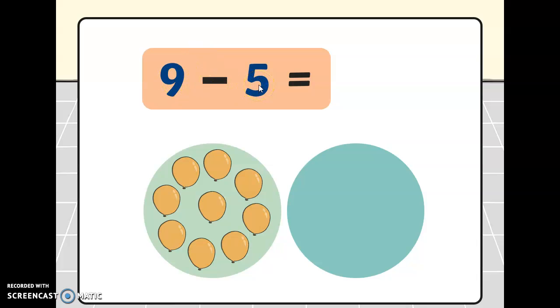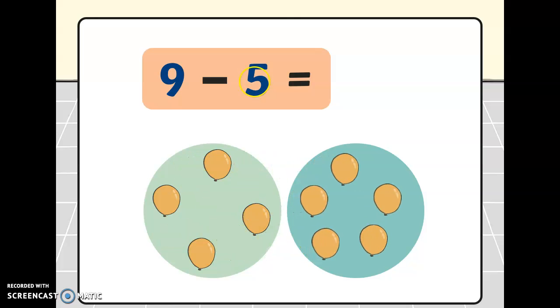So everybody put 9 fingers up for me, please. So you've got 5 on one hand, 5, 6, 7, 8, 9. And this time you're taking 5 away, so you can just take that hand that's got all 5 fingers and close it. How many fingers have you got left up? Now I'm going to take the balloons away.